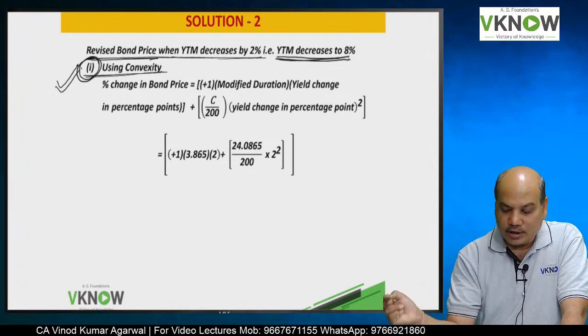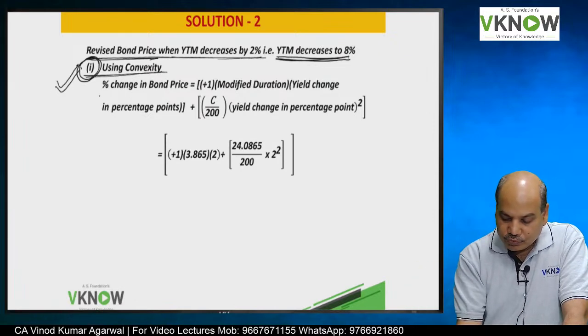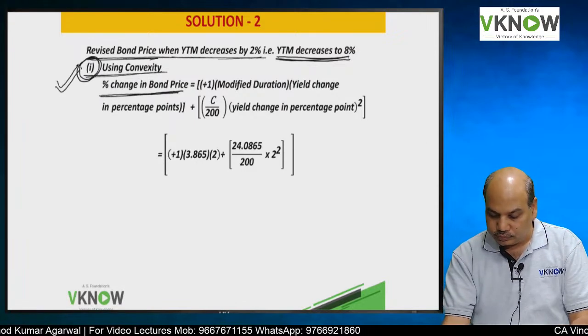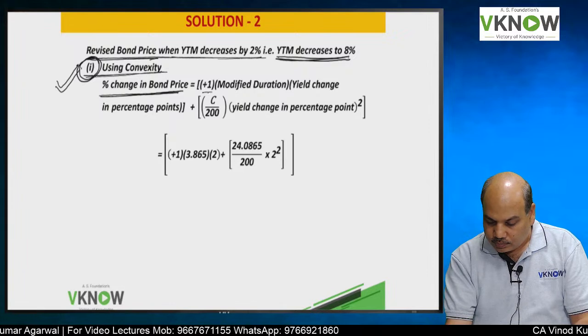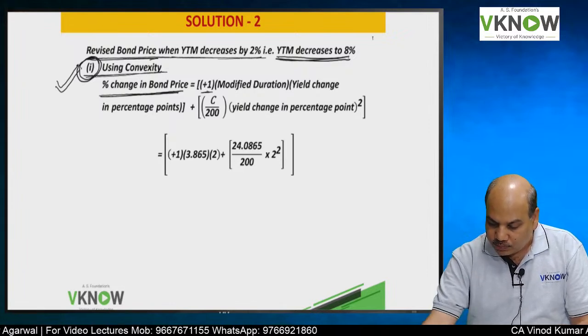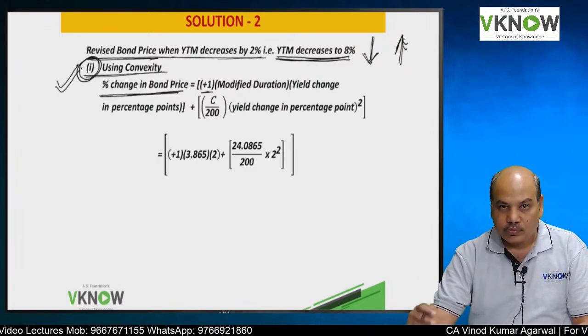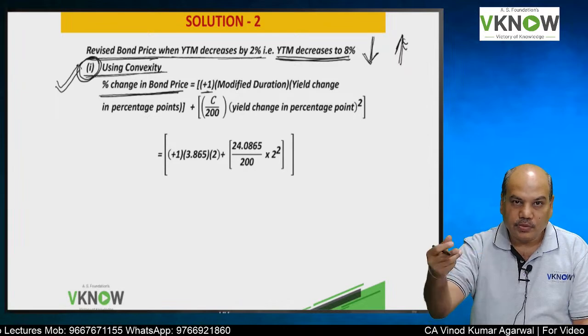It will give us the right answer. Start. The formula for percentage change in bond price is equal to, if the YTM goes down, the bond price will go up.